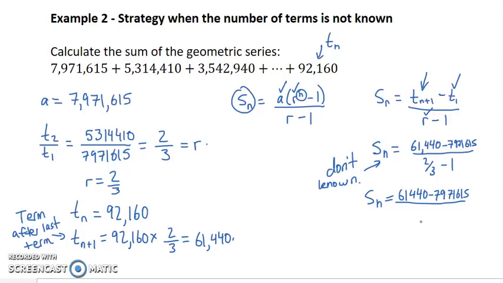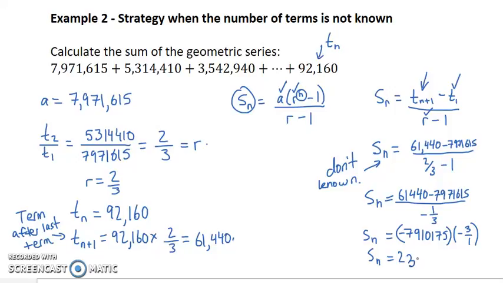Two-thirds minus 1 is the same as negative 1/3. And then you can flip it and multiply. Multiply by the reciprocal in this case. So that gives me negative 7,910,175. And I'm now going to multiply that by the reciprocal of negative 1/3, which is negative 3/1, or just negative 3.